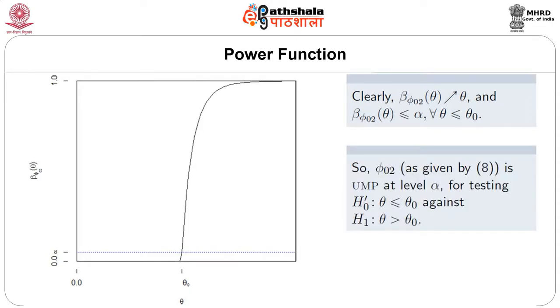So, this phi naught 2 is also uniformly most powerful at level alpha for testing H naught prime, theta less than or equal to theta naught, against H1, theta greater than theta naught. So, we have found another uniformly most powerful level alpha test for testing this composite null against this composite alternative, H1 theta greater than theta naught.